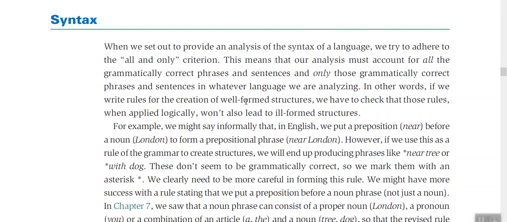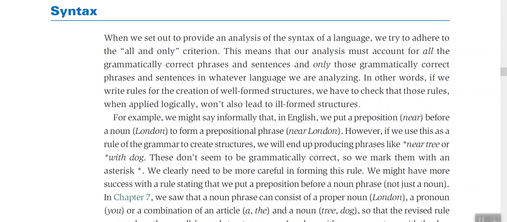All sentences, all phrases, and only those that are correct.